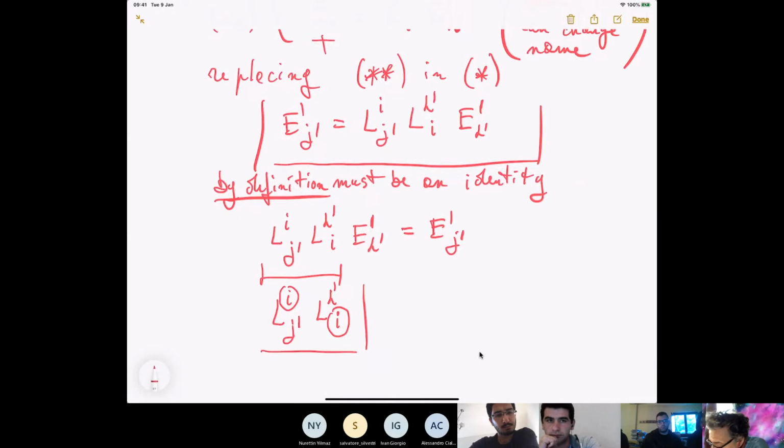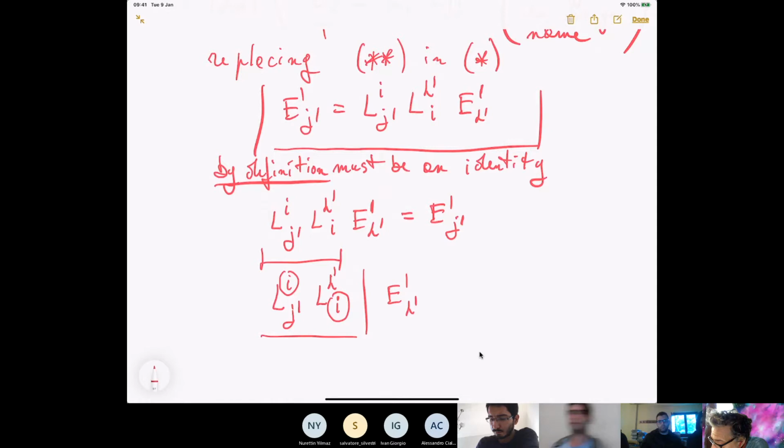This is the coefficient in the linear combination of the new basis. Okay. So the component of the j prime vector in the new basis with respect to the new basis is clearly 1 if h prime is equal to j prime.